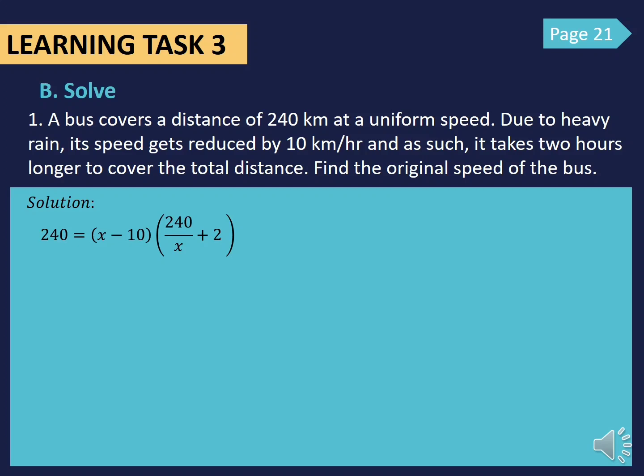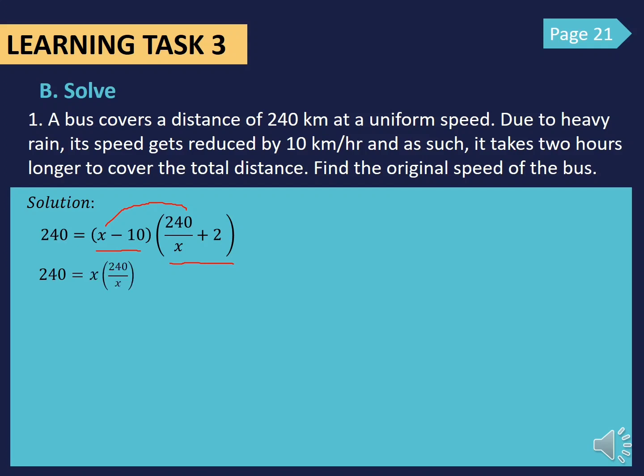Okay, let us solve for x. How? Of course, we have two binomials here. Isang x minus 10 at isang 240 over x plus 2. So, the first thing that we need to do is to perform the FOIL method. So, 240 is equal to x times 240 over x, pagtatimesen.